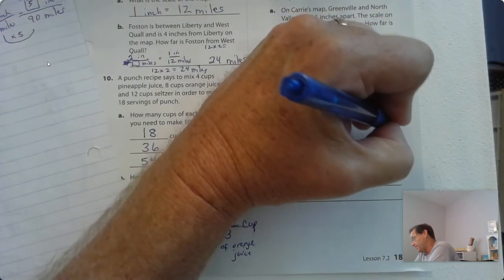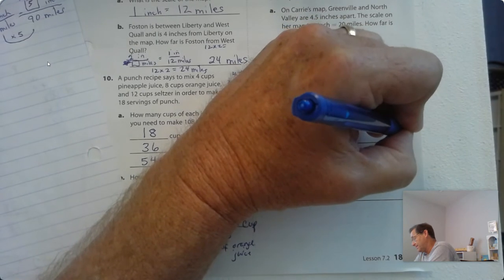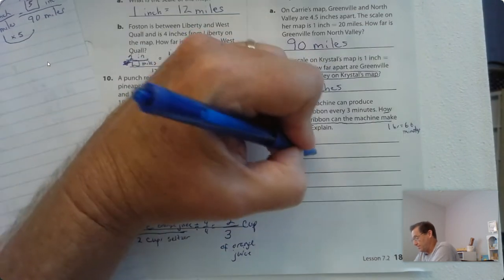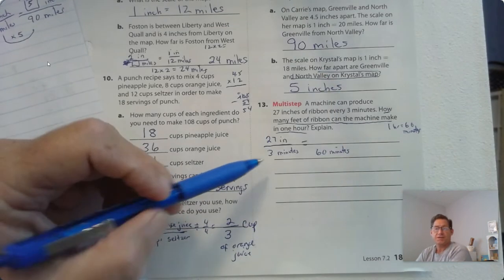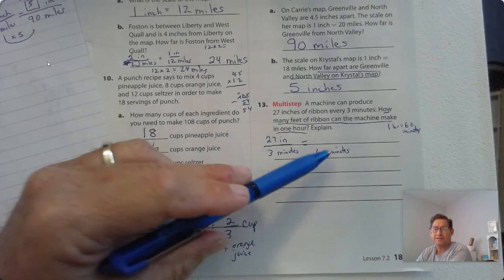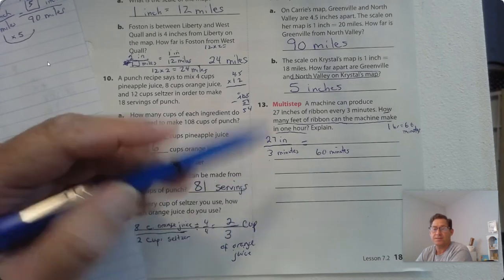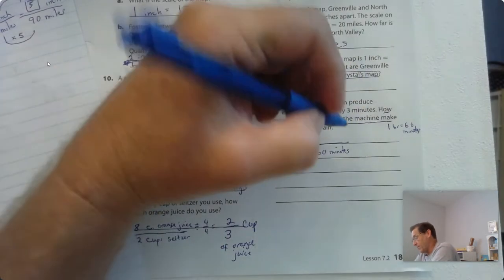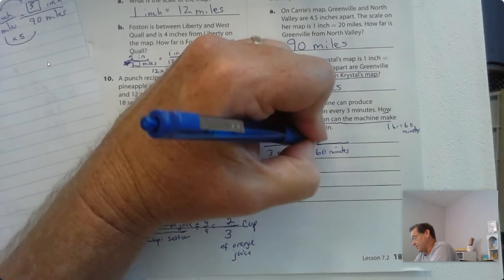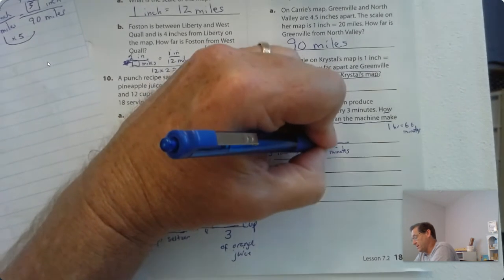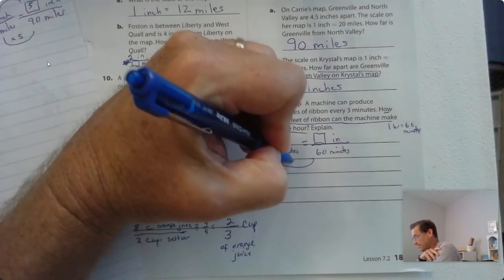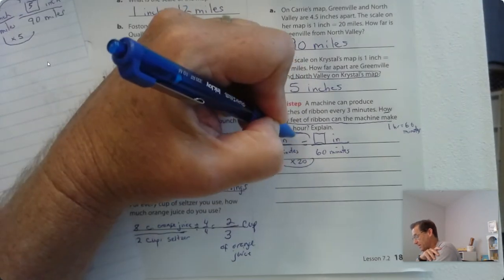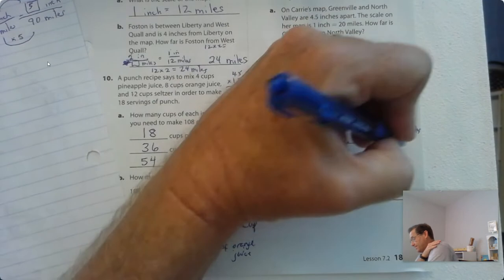Well, 1 hour equals 60 minutes. So change the hour to 60 minutes so we have consistent units. And we have to find out how many inches that will be, and then we can convert the number of inches into feet. So 3 times 20 and 27 times 20.